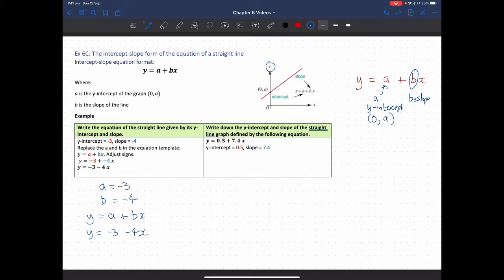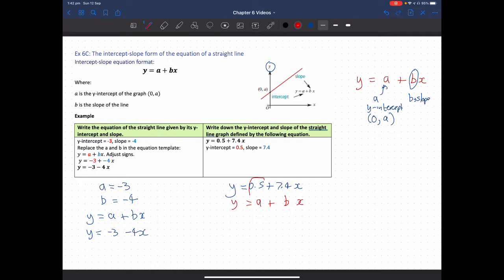In the second example, we're told, write down the intercept and slope of the straight line graph defined by the following equation. We're given the equation y equals 0.5 plus 7.4x. Compare this with y equals a plus bx.